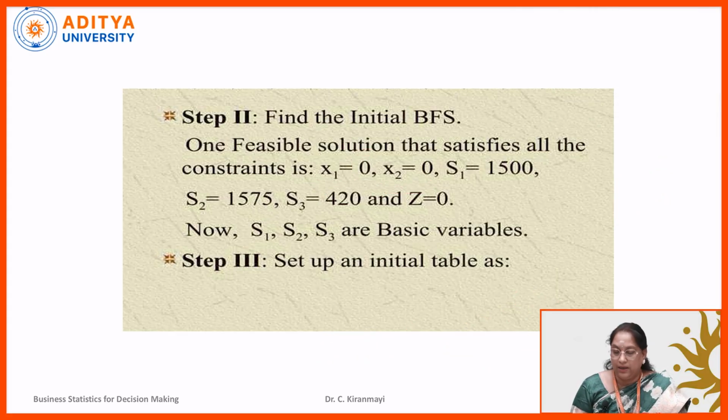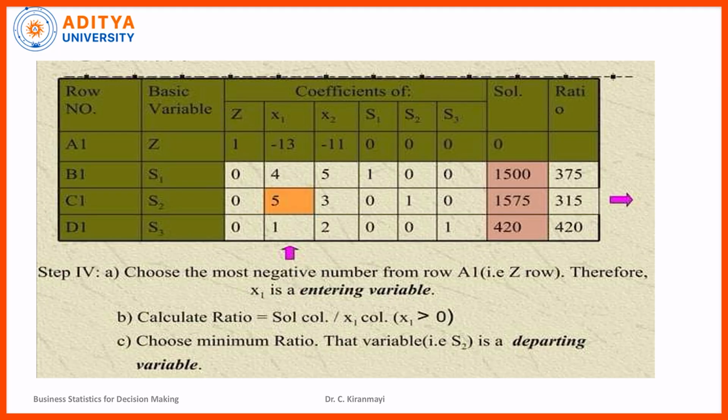Now the next step is to set up the starting simplex table. This is how the simplex table looks. The first column represents row numbers, and the second column represents the basic variables, which are those variables whose values are non-zero.